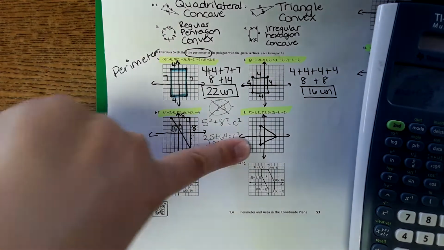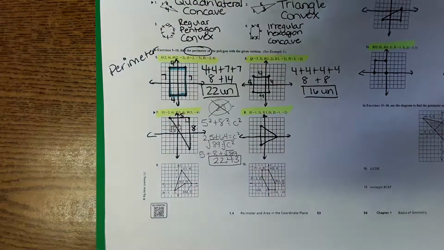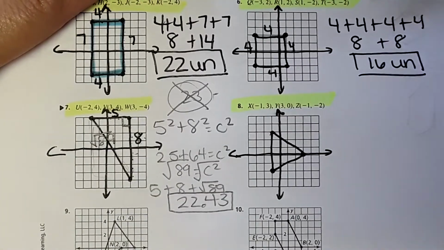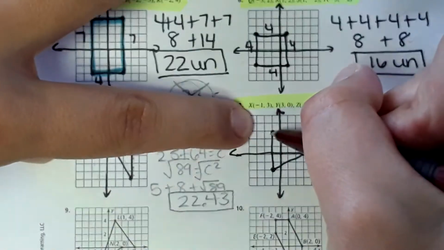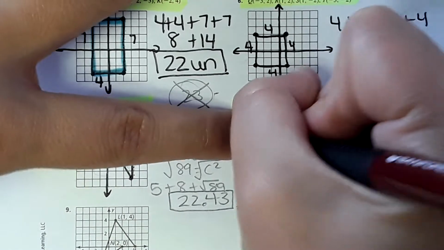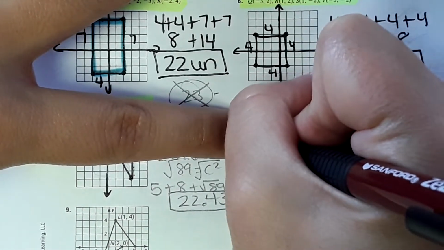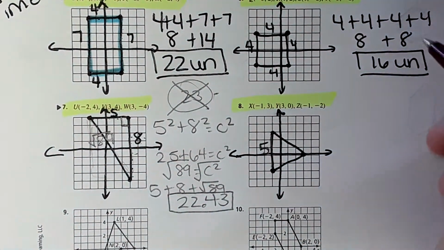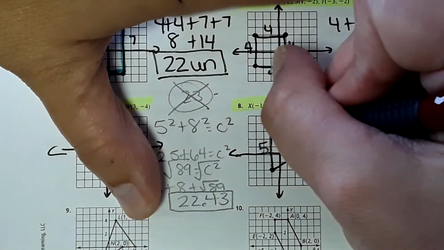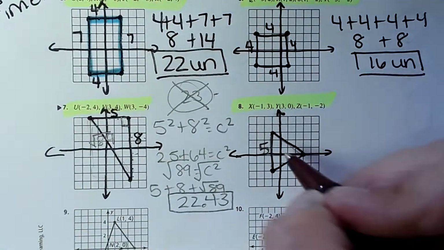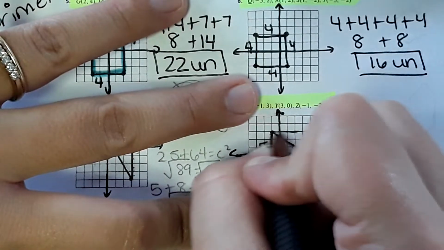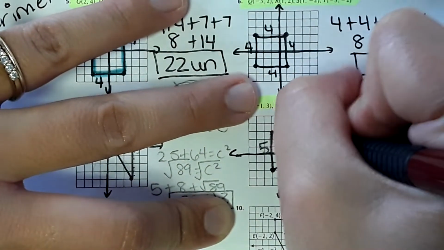The next one, this is a triangle, as you can see. To find the answer of this one, this vertical line, I can count the units, 1, 2, 3, 4, 5. From here, you would need to find the length of each side. And it's on a diagonal, so you can't just count the units. The way we would do it is you would draw your right triangles. Draw one right here.